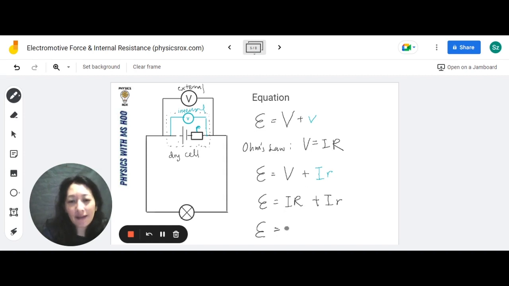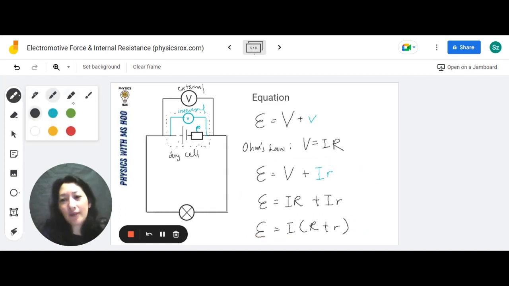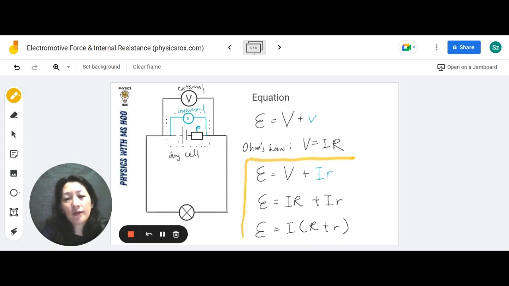Okay, go ahead, factorize it as well. You've got R plus r. So this is why you might find that in some books, they've written 3 different formulas for electromotive force. If you look at it, they're pretty much the same thing. So yes, these are the equations that relate electromotive force and internal resistance in a circuit.